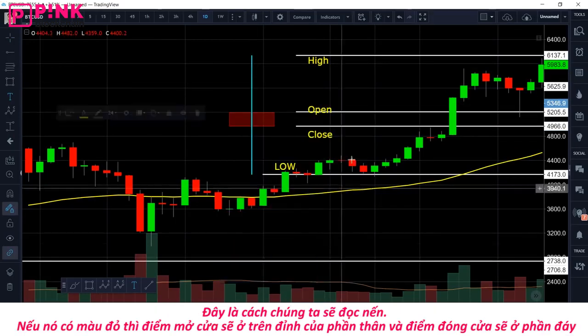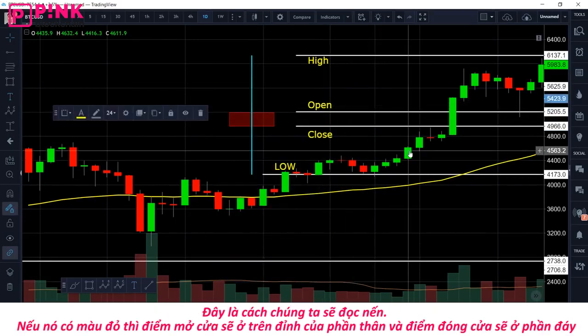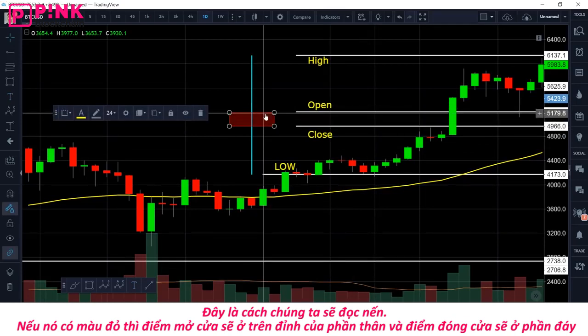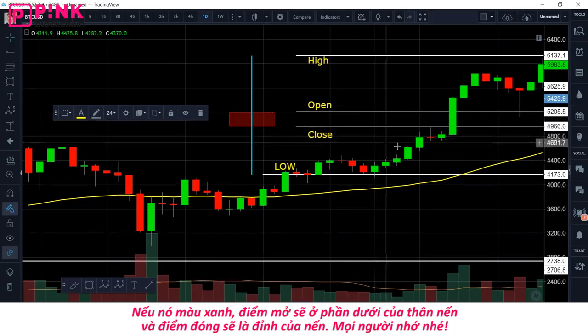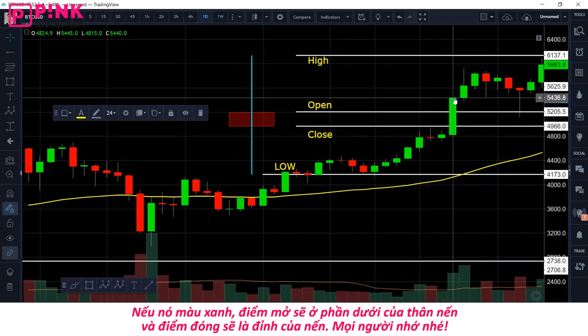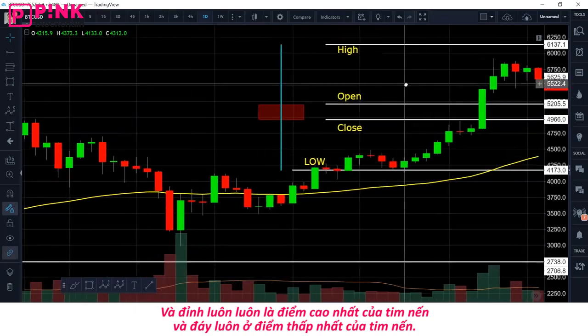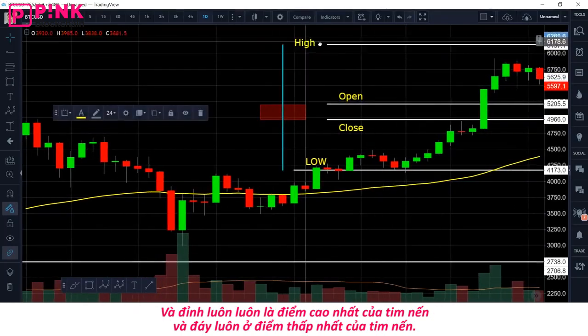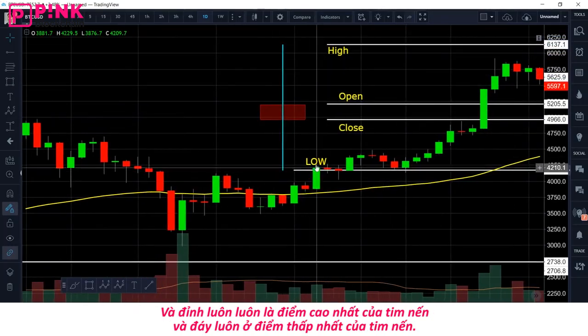So the way we read these candles is if it's red, the open is on the top and the close is on the bottom. If it's green, the open is on the bottom and the close is on the top. Okay, guys? Right there. And the high is always where the highest point of the wick is, and the low is always on the lowest point where the wick is.